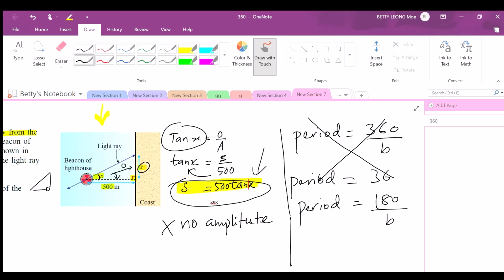So your b is 1, so 180 over 1 is 180. Answer all done. No amplitude and period is 180.